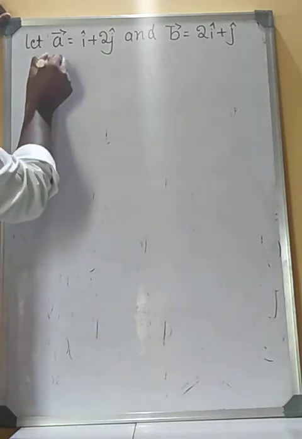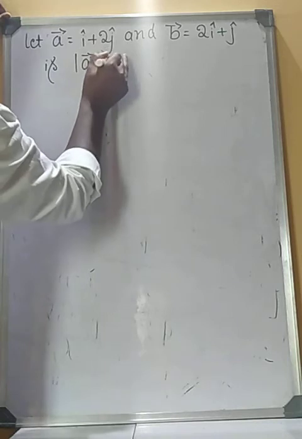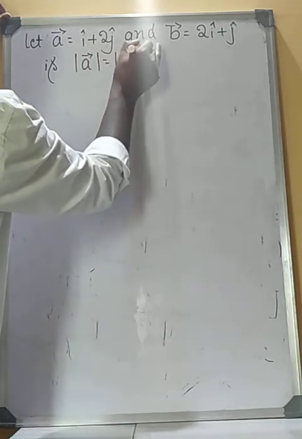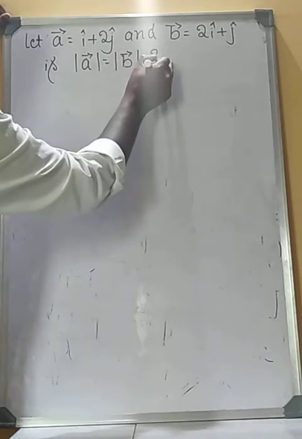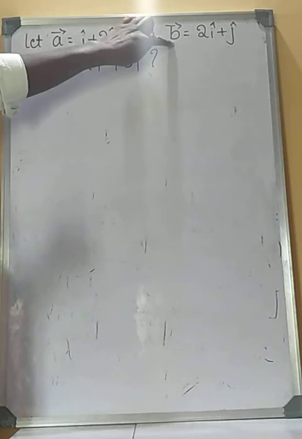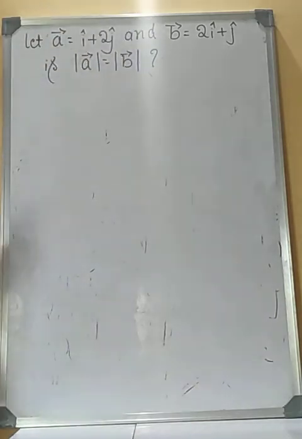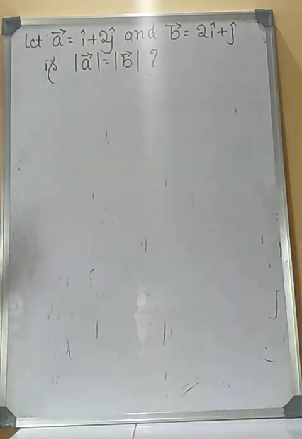Is the magnitude of vector A equal to the magnitude of vector B, or are the vectors A and B equal?